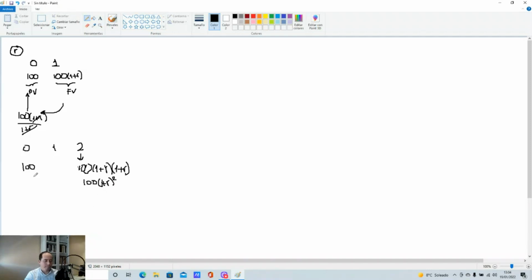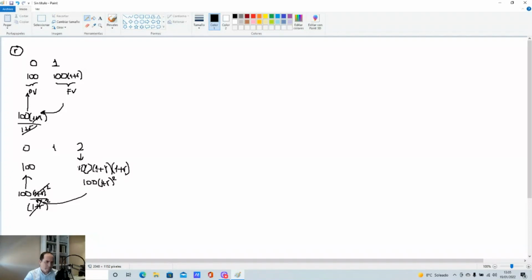Again, this is the present value and this is the future value. What happens if we need to know the present value of this? Well, we just take back this number and divide by (1 plus R) at exponent 2, and you will get your present value from the beginning.